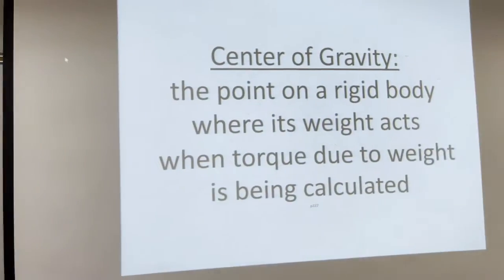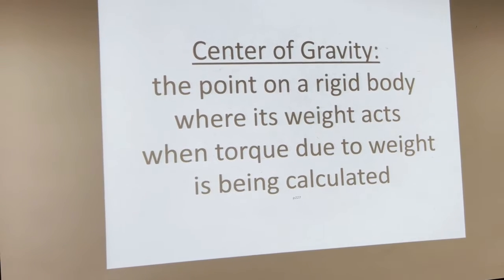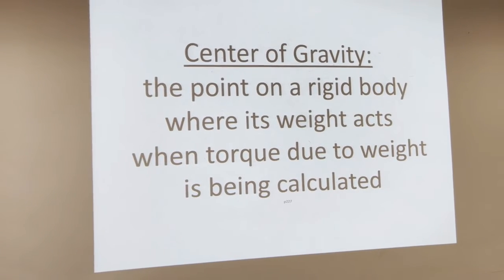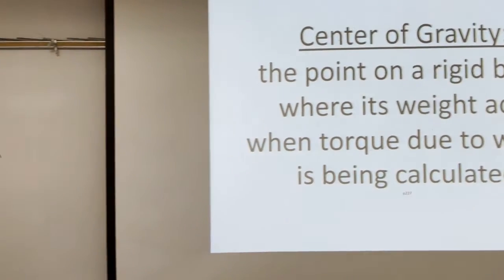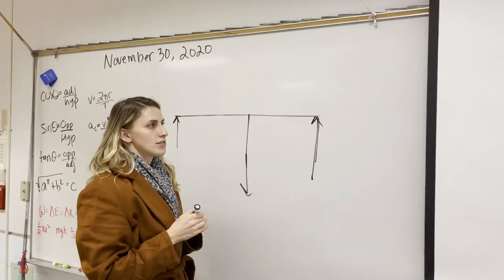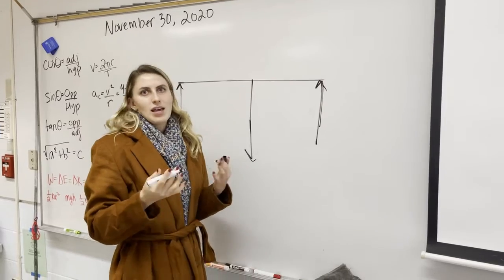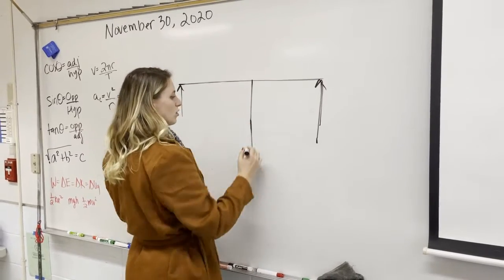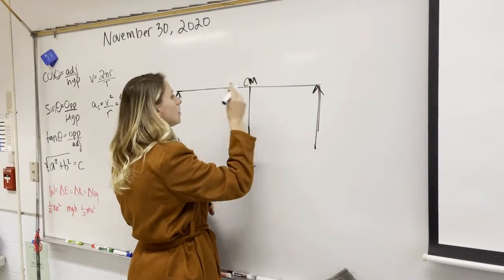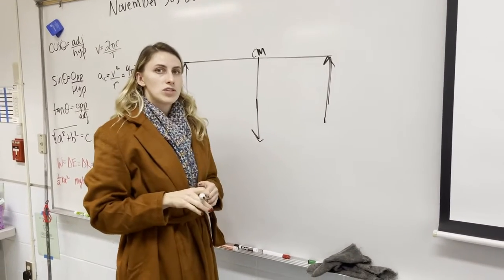Center of gravity: the point on a rigid body where its weight acts when torque due to weight is being calculated. Basically, the center of mass is where all the weight is. Effectively, it's as if all the weight were at that point. If this was the center of mass right here, we could use our system of equations to figure this out.